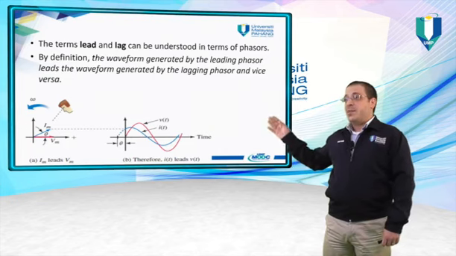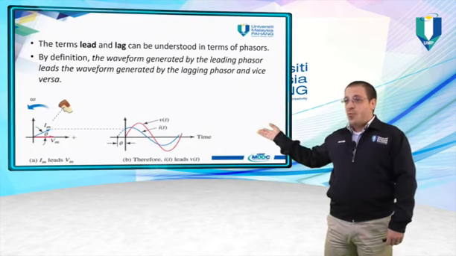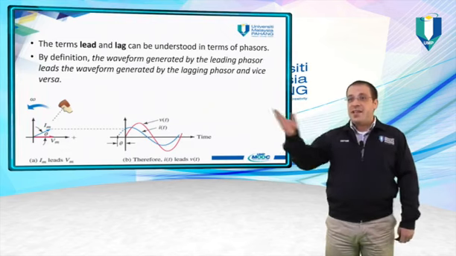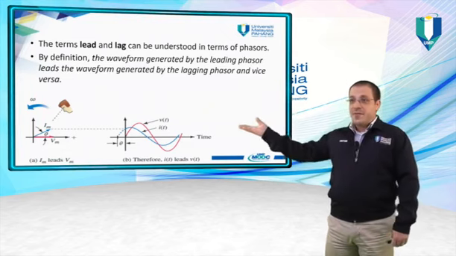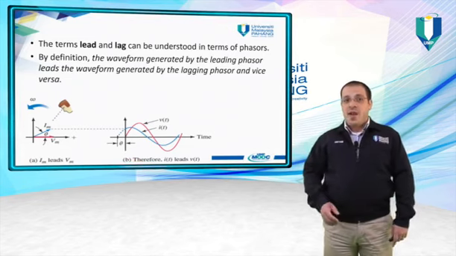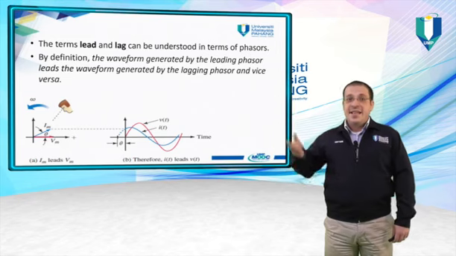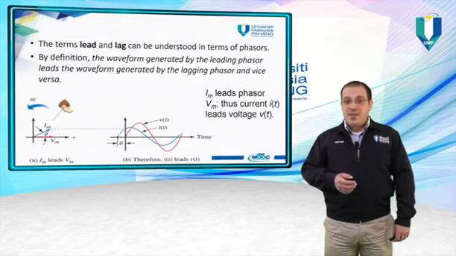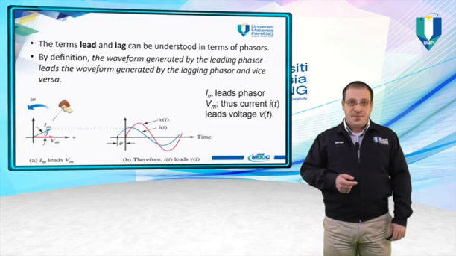If we represent the sinusoidal waveforms of them, we will see how the current comes before the voltage, and it's very clear from the phasor that the current is before the voltage. So the current is leading the voltage. Im leads phasor Vm. Thus, current it leads voltage Vt.